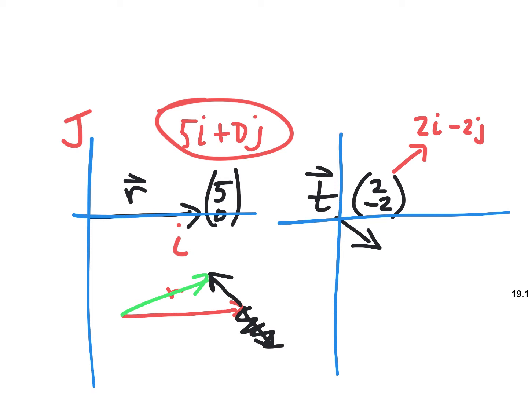It's just that's not how the people who decide these things decided. They decided it would be better if we don't use X and Y because it's different enough. There's some different things about vectors than there is about normal X and Y numbers. It's different enough that we should say this isn't the same, and therefore we aren't going to use X and Y, we're going to use I and J.